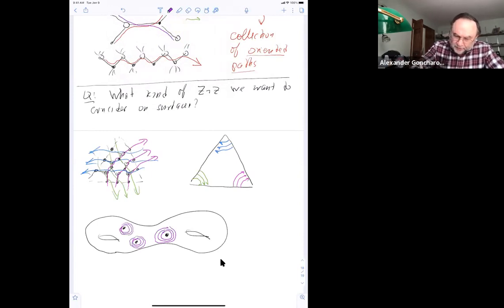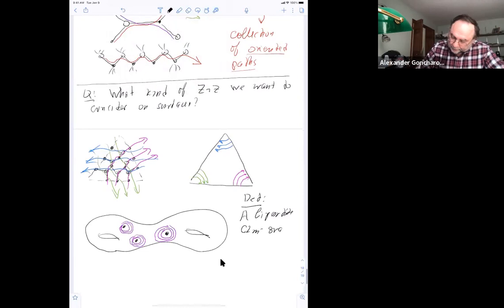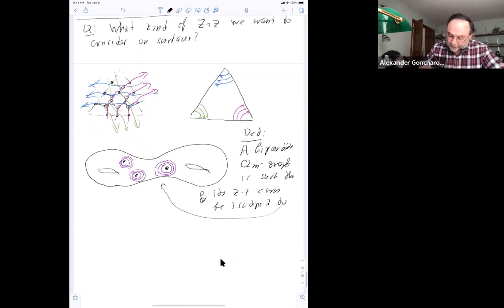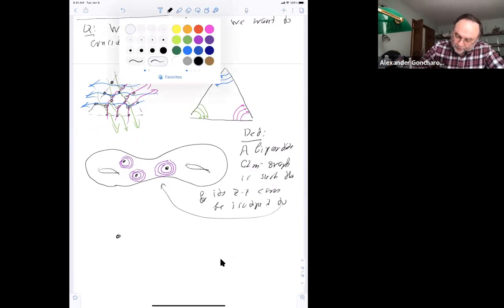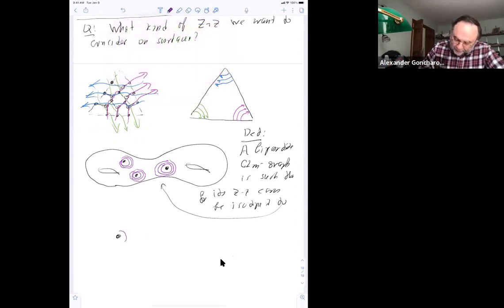I noticed this long ago and made a definition. I said that a bipartite GL_m graph is such that its zigzags can be isotoped to a picture like that, where the condition is that whenever you have any puncture, there will be precisely m zigzags, where m is from GL_m.